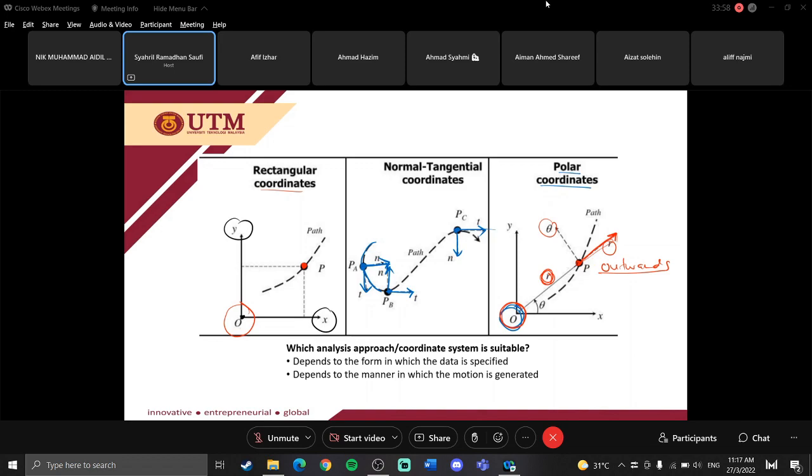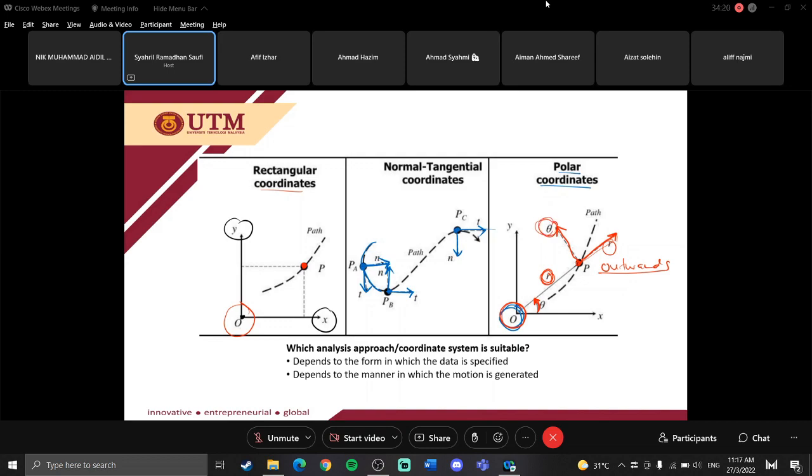The next axis is theta. How to determine theta is based on this direction. In this case, theta is in this direction, so the positive theta axis should follow the same direction. So this is the positive theta axis.